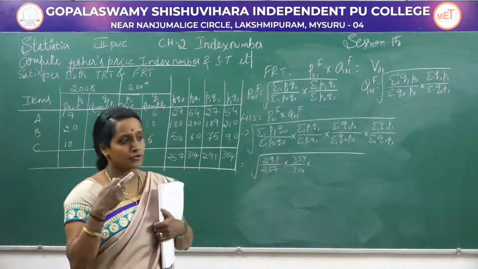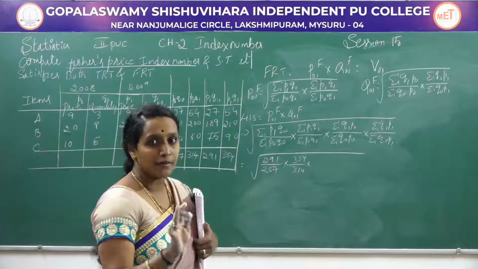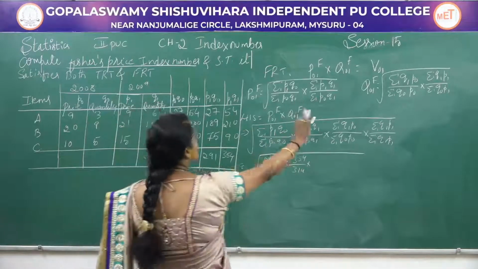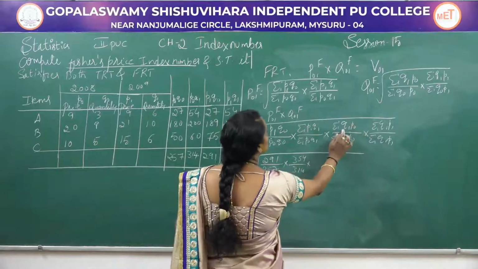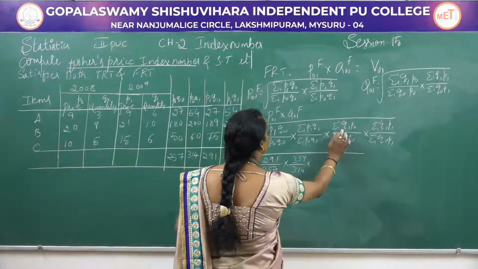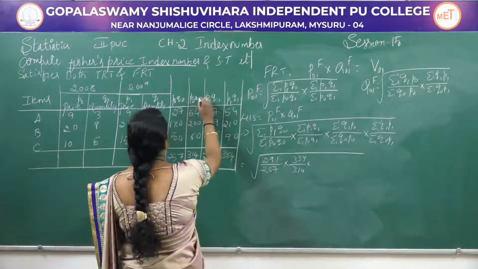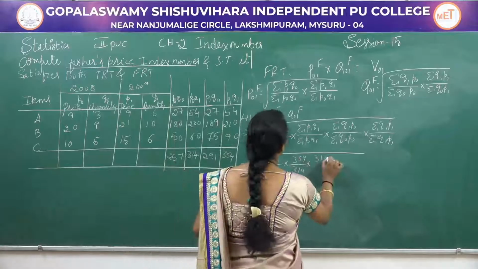Next, while we are substituting these quantities, we have to be very careful. See, here it is Q1 P0. Q1 P0 is same as P0 Q1. P0 Q1. So I will substitute that value.